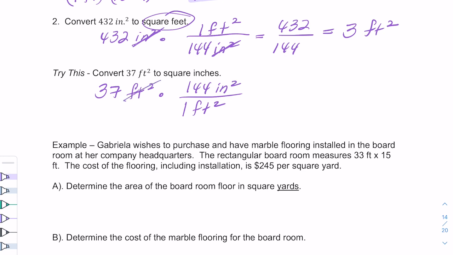So now the feet squared are going to cancel, and instead of dividing, you're going to multiply. Oh, sorry, it's 37, right? So 37 times 144. So you get 5,328 inches squared.